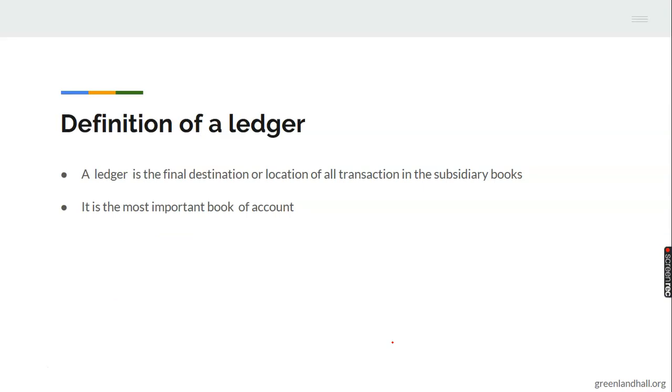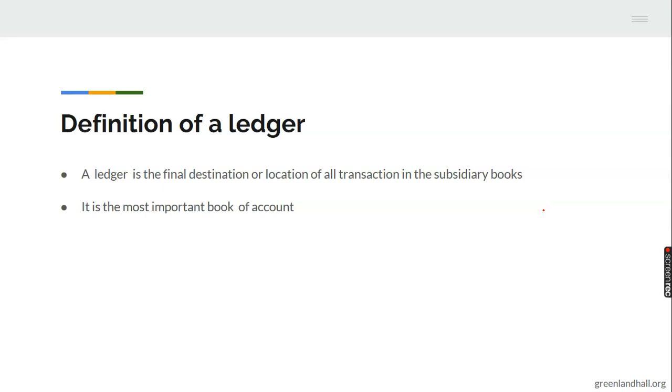What is the meaning of a ledger? A ledger is the final destination or location of all transactions in the subsidiary books. And when we say subsidiary books here, we are referring to the sales day journal, purchases day journal, returns inward journal, and returns outward journal.